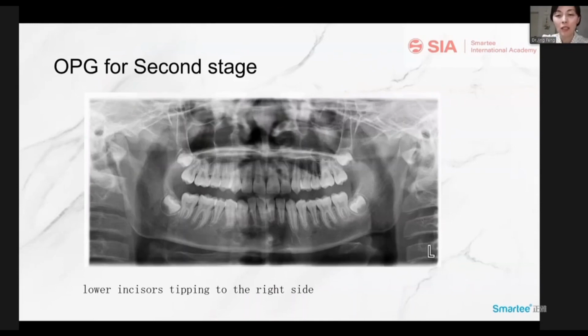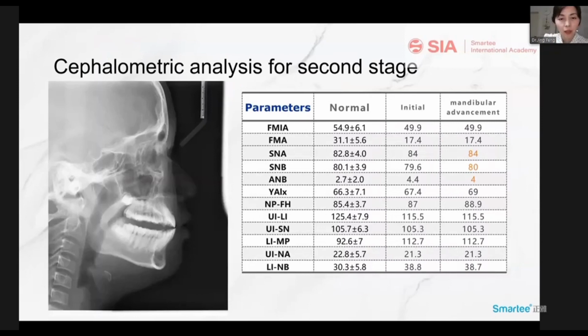So we just have to upright the lower left molars to create some space and upright the lower incisors, and the midline will be on. And this time, the inclination of the lower incisors basically maintains the same as the initial situation.